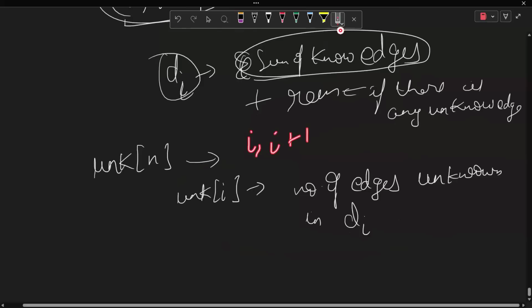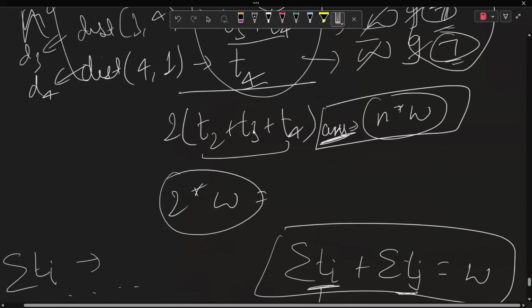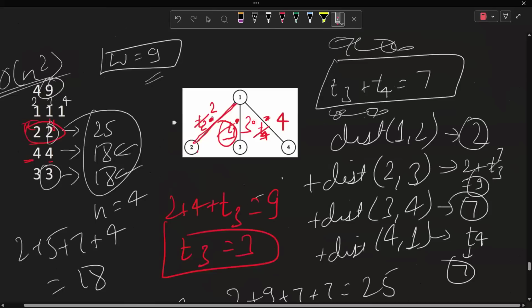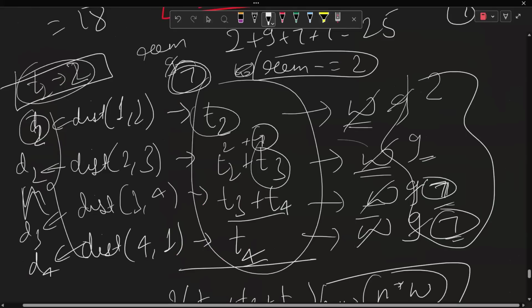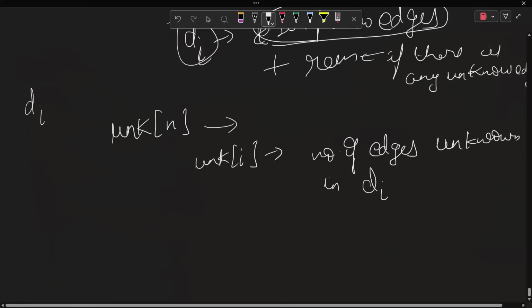Okay, in my code, Di was i minus 1 to i. I have taken this as D2, this is D3, this is D4, and this is D1. It would remain the same thing. You can take it i and i plus 1. So my Di is the distance between i minus 1 and i node.